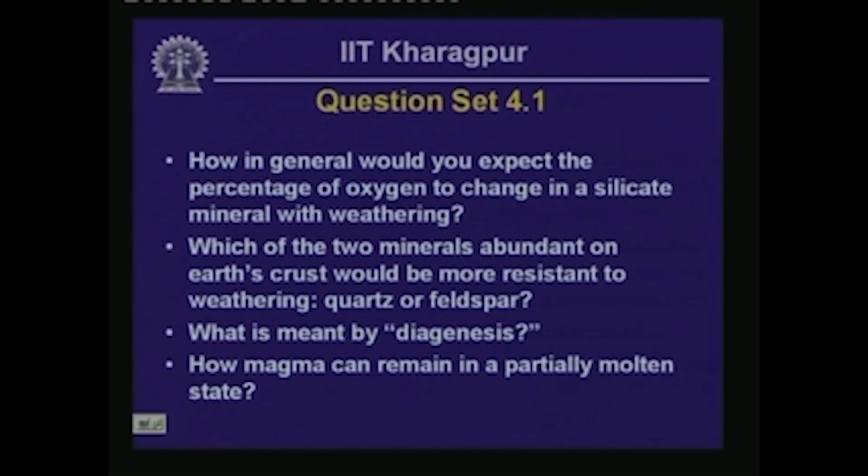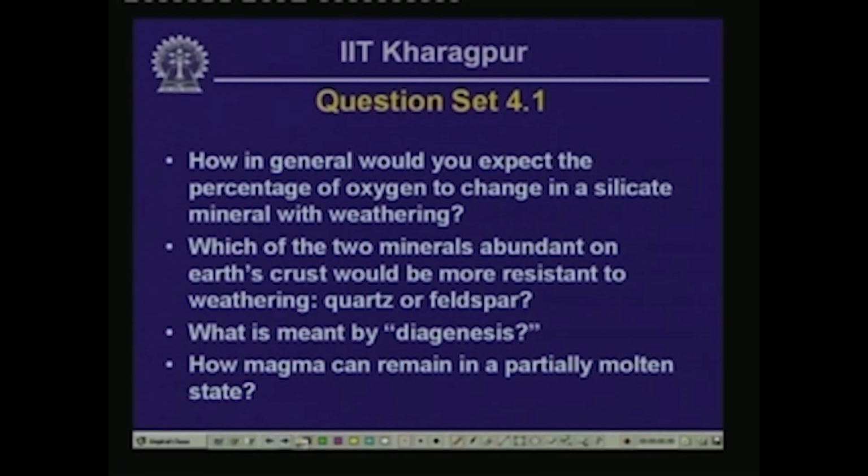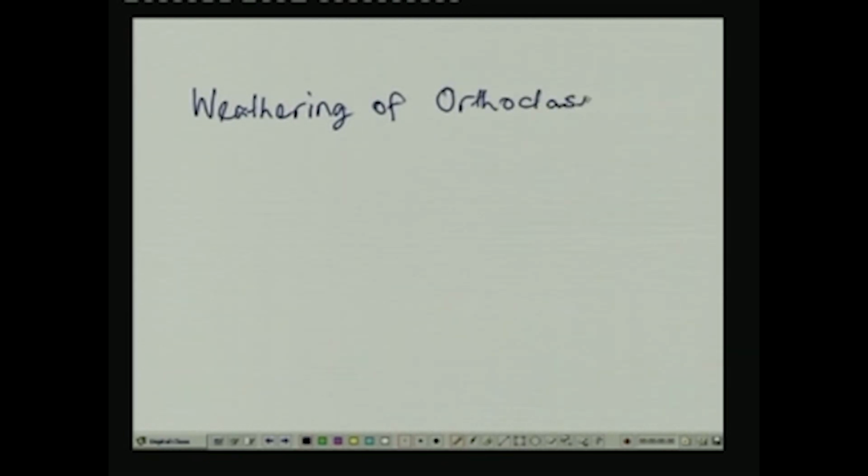The third question that was asked was, what is meant by the term diagenesis? Diagenesis is really a chemical change from one type of mineral to another type of mineral. I'll give you an example. Let's consider again the weathering of feldspar, the weathering of orthoclase mineral.